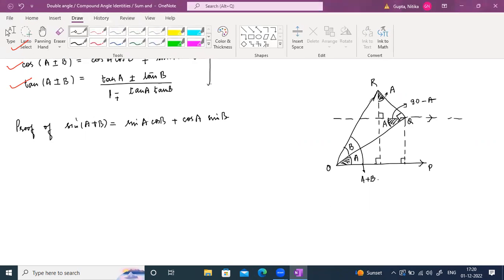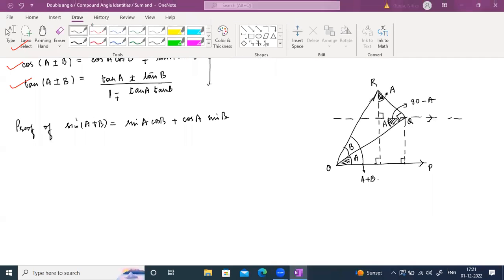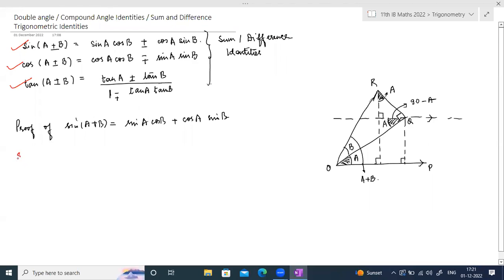Now let's start with what we need to prove: sine A plus B. So let's start with what is sine of A plus B. Can we identify a right angle triangle from this figure and find sine of A plus B, this complete angle?